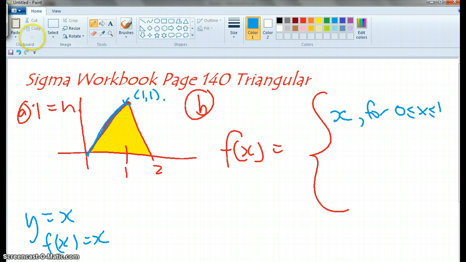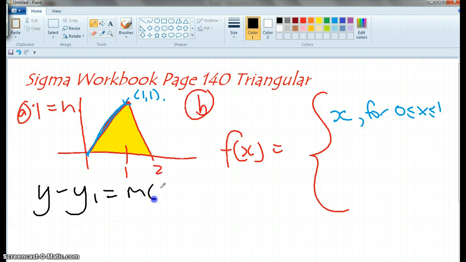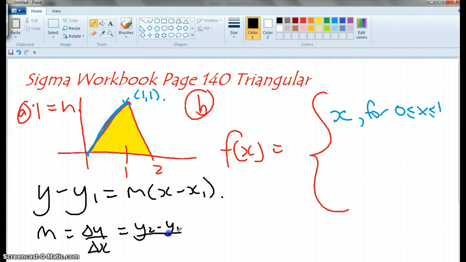You can use the formula. We'll use the formula for the next one, just so that you know what it is. So the formula you need is y minus y1 equals m times x minus x1, where m is the change in y over the change in x, or y2 minus y1 over x2 minus x1.